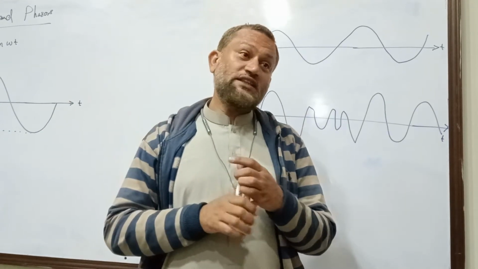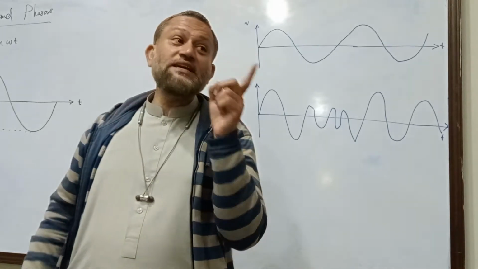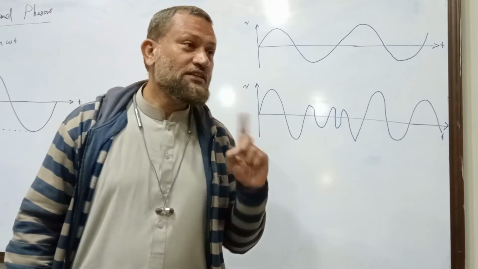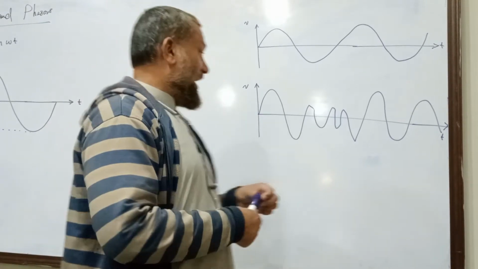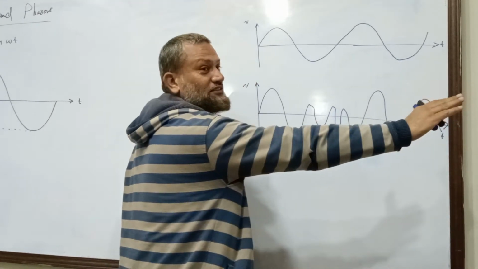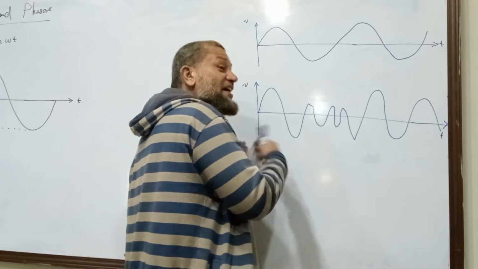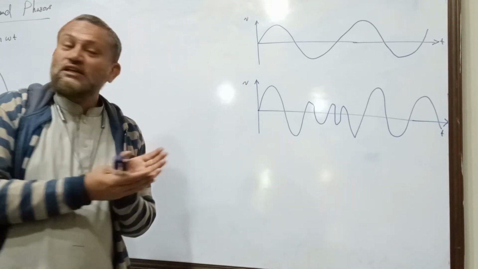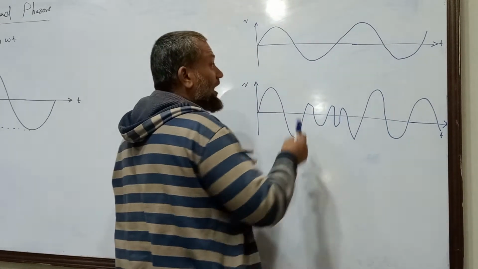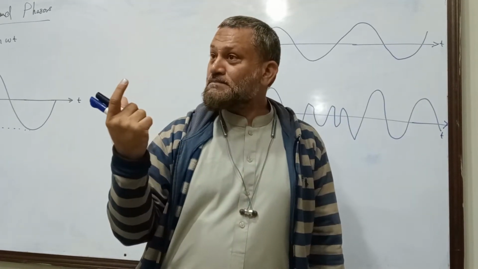When the waveform is periodic, there will be a time period. For the non-periodic wave, the whole wave is the time period of that wave. When you find the average value of that wave, you will consider all of the given wave values. And if it is periodic, you will just take one time period.